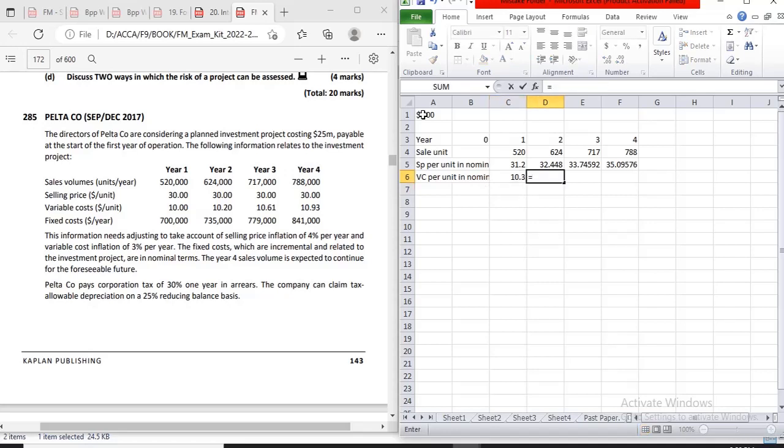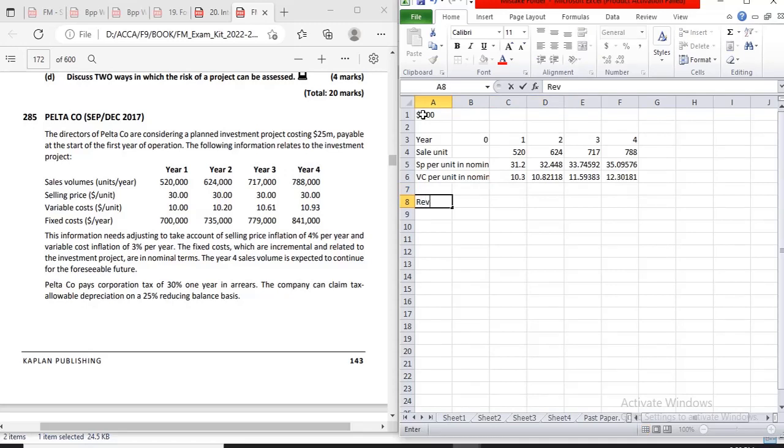For the second year, 10.6, 1 plus 3% to the power 2. For the third year 10.61, 1.03 to the power 3. And for the fourth year 10.93 is our variable cost per unit, incorporating inflation of 3% with the power 4. So now we have our variable cost as well.